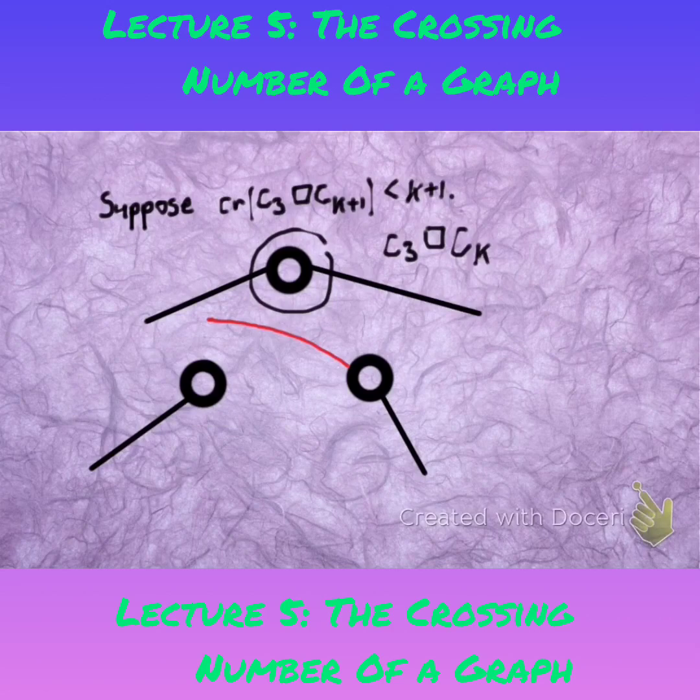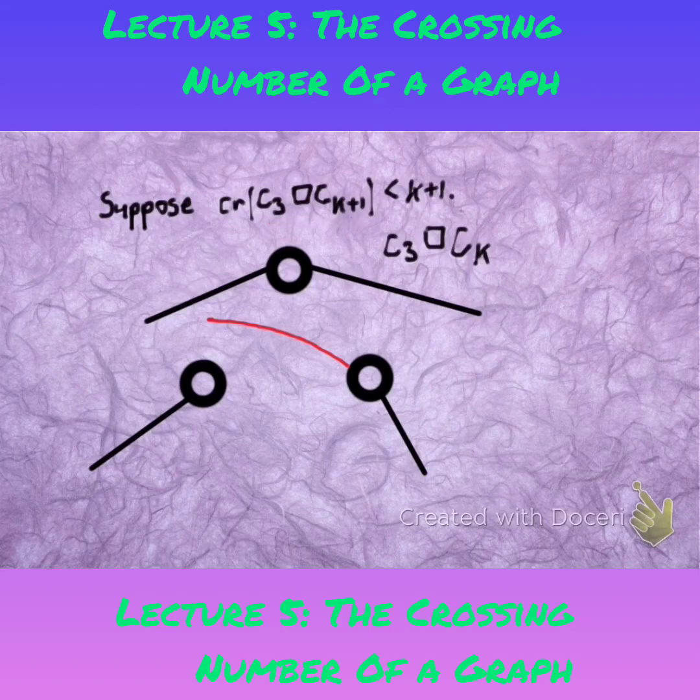So how many crossings does C3 C_k have? By assumption, at most k crossings. And by deleting the edges of that triangle, we've eliminated another crossing.